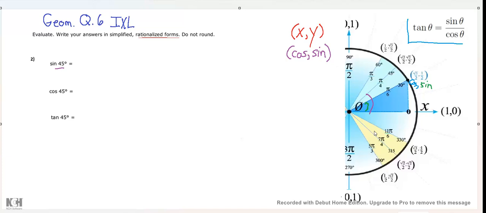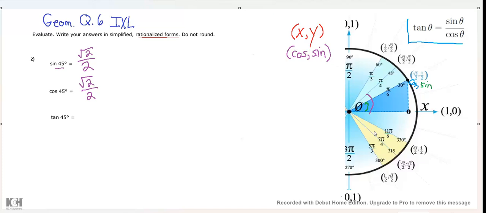And the sine is the square root of 2 over 2. Now, if you remember those 45-degree triangles, both sides are the same. So that tells us that the cosine is also square root of 2 over 2.